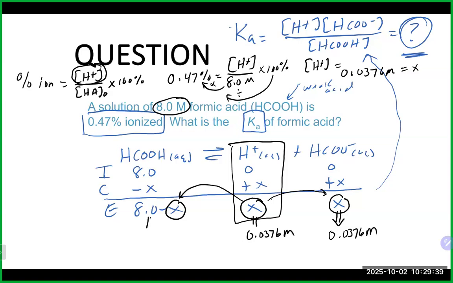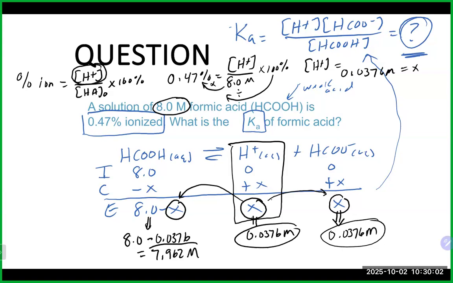And then this one at equilibrium would be 8 minus 0.0376, which gets us 7.962. So we now have the equilibrium concentrations of everybody.